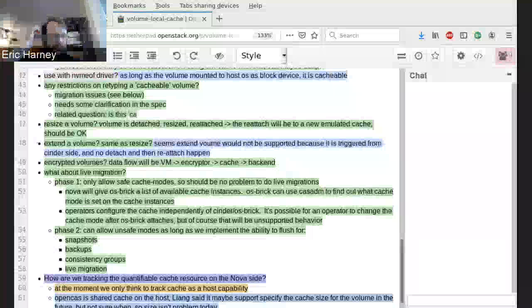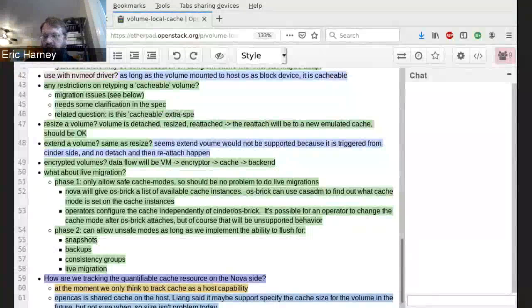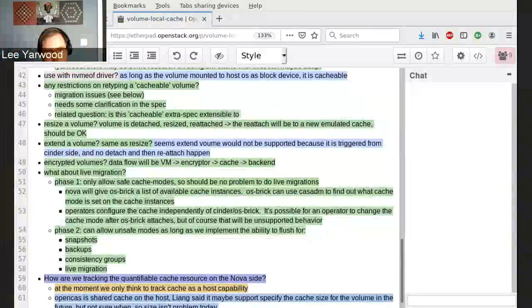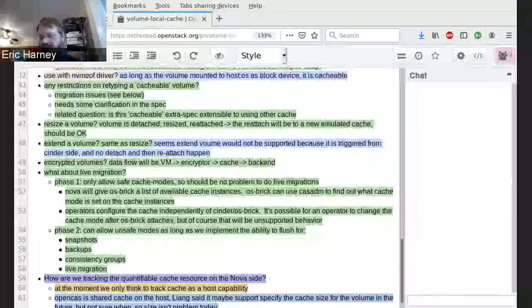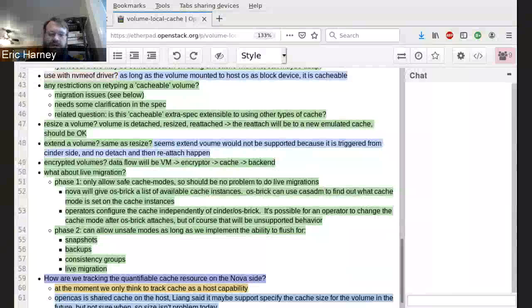Yeah, but you also have the same concern around... Sorry, Eric, go ahead. So you also run into the same thing if OpenCAS supports three different methodologies for how the cache is operating, as far as write through, write back, whatever.